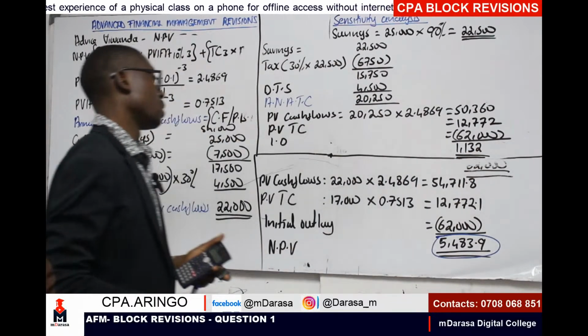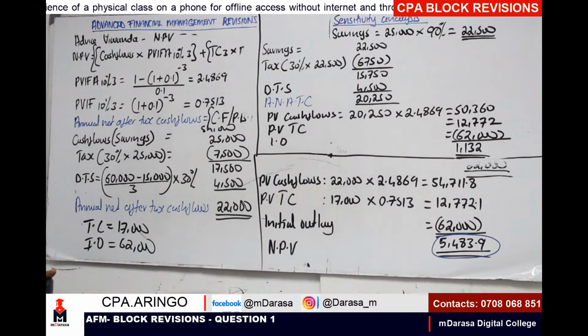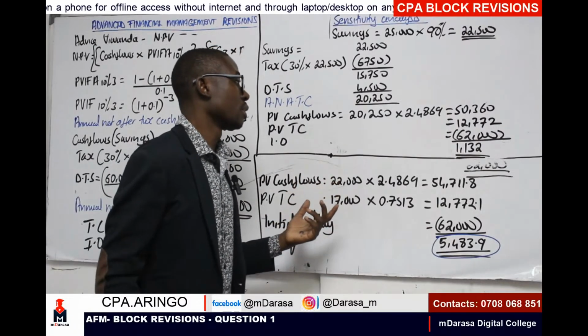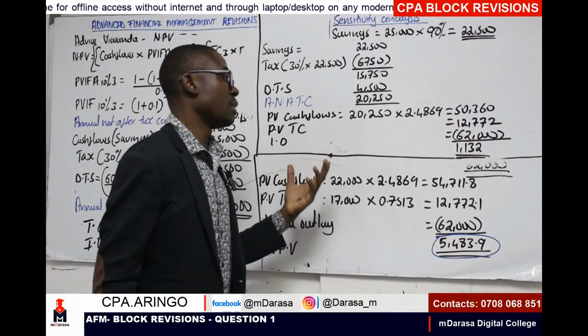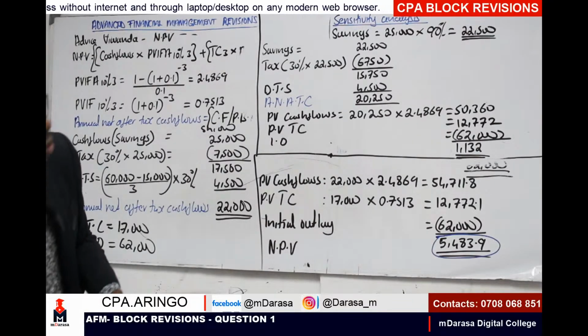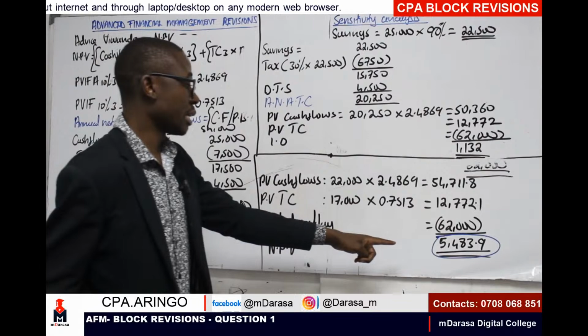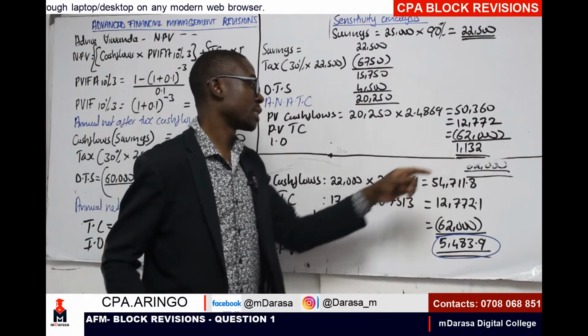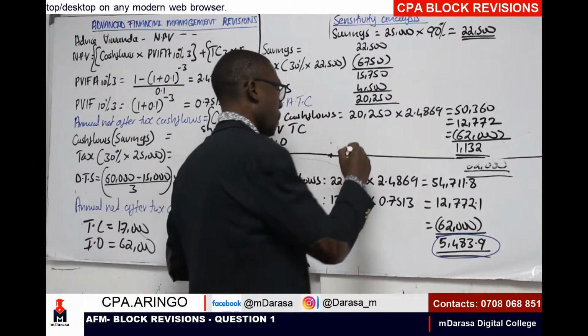So see the impact. If we conduct that sensitivity analysis, what will happen here? This will be the impact. Initially, I was having our NPV of this much, but our NPV is reducing.